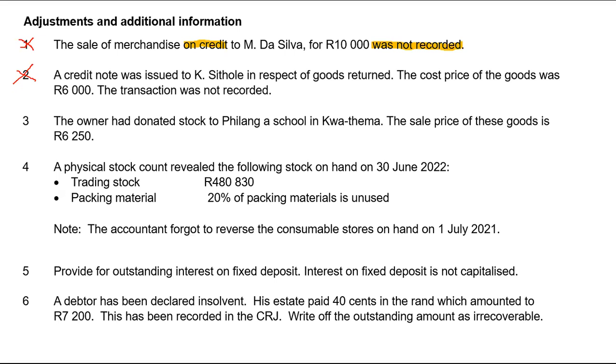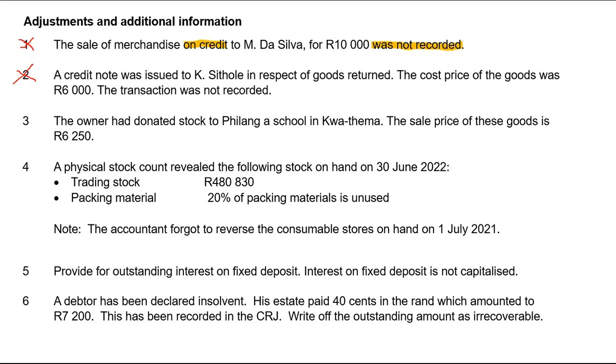And you will remember earlier this year in grade 10 when we did donations, I indicated that donations must always be recorded at cost price. Donations is an expense. It must always be recorded at cost price.